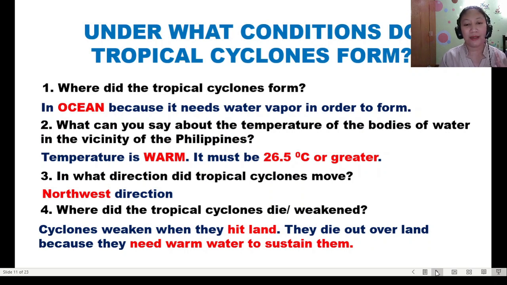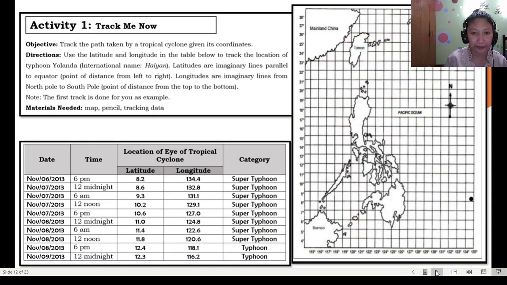So, kapag sinabi ni Mang Taning or ng kahit sinong weatherman na yung bagyo na nabuo ay tatama sa lupa, yon, magkakaroon na ng public storm warning signal. Numbers 1, 2, 3, or 4, pwede ring 5, depende sa wind speed niya.